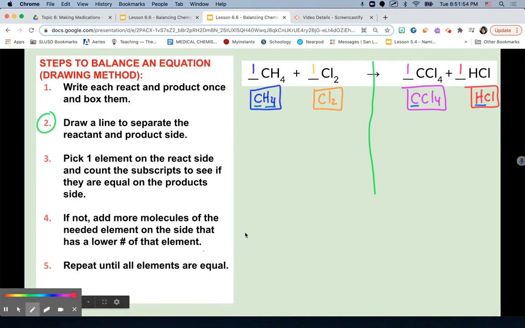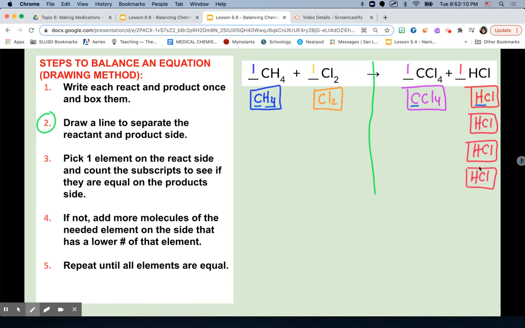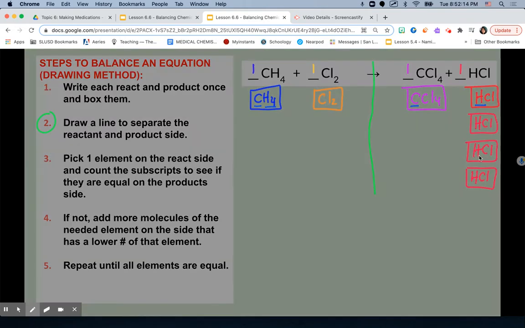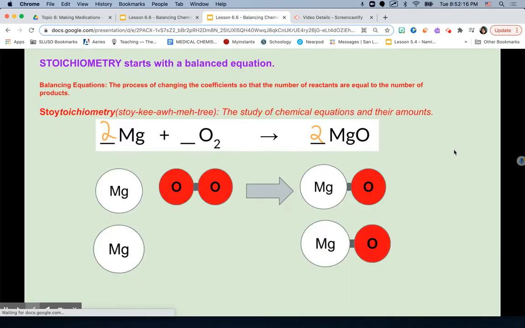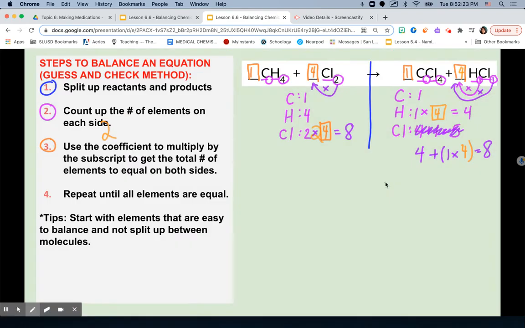So here I need to get to 4 H's. What I'm going to do is draw this however many times I need that H. So now I have a total of 1, 2, 3, 4 H's. And just like we did in the example at the very beginning, I'm basically drawing these out as I'm adding them.